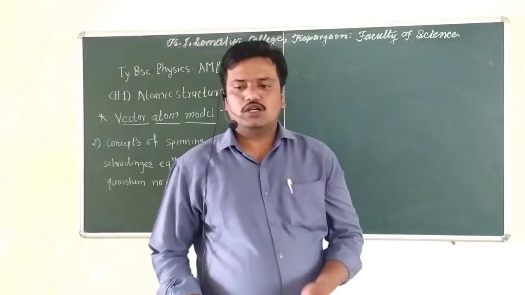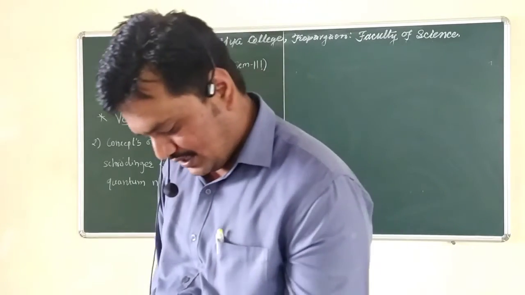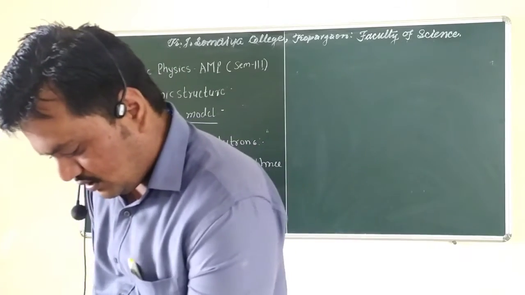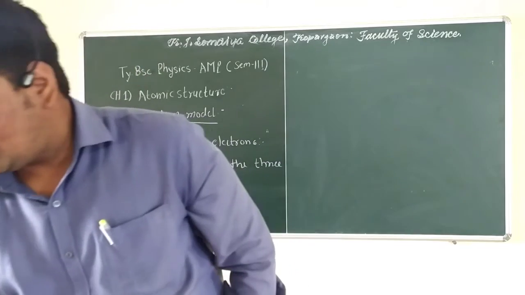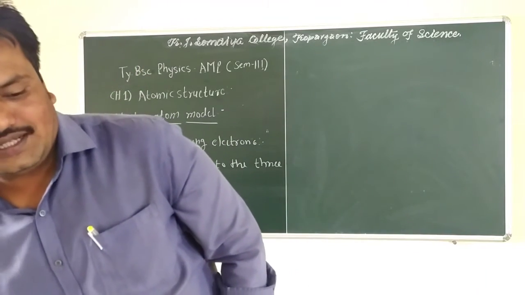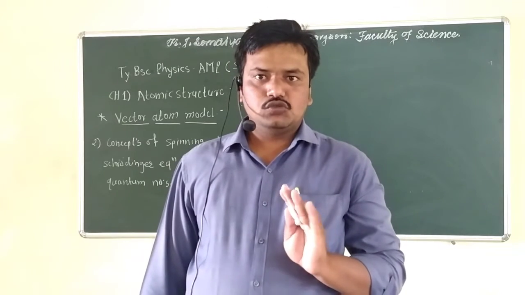N is the principal quantum number, L is the orbital quantum number, and ML is the orbital magnetic quantum number. These specify the energies.